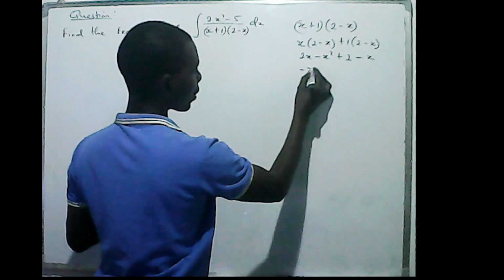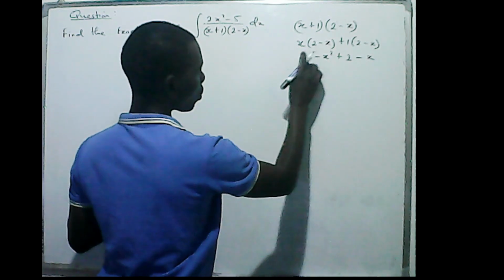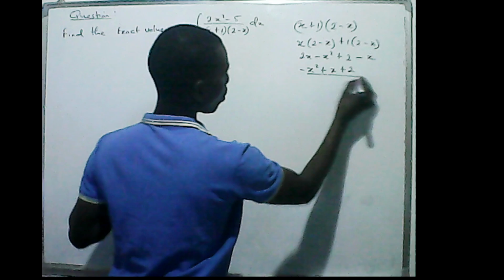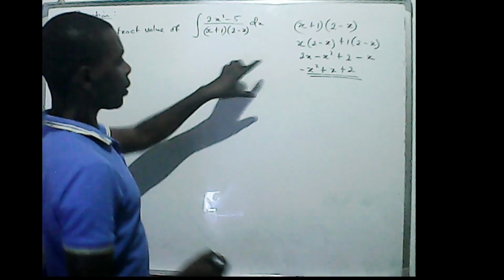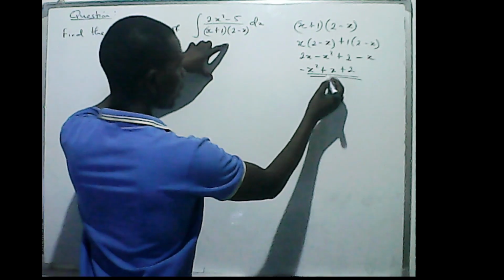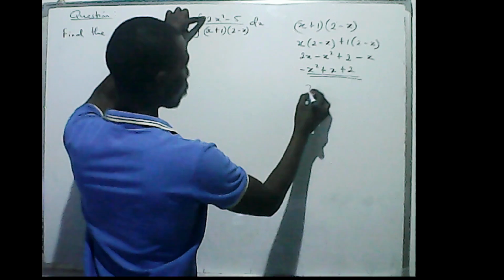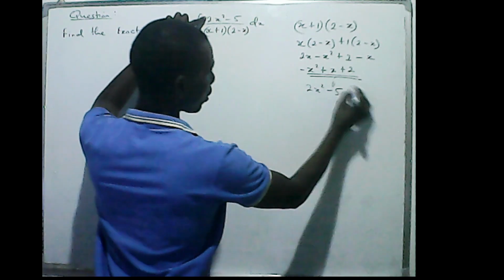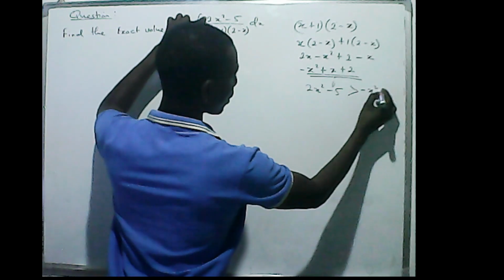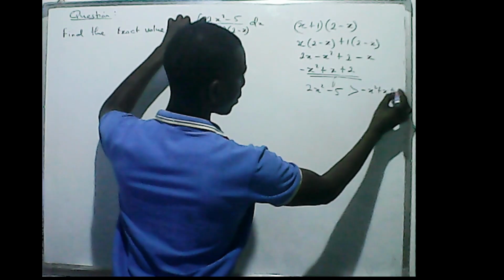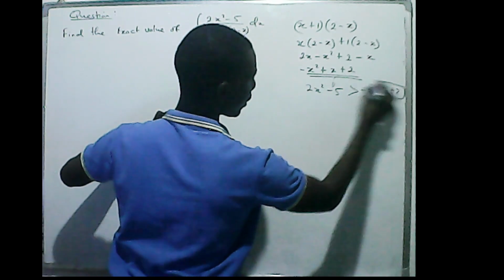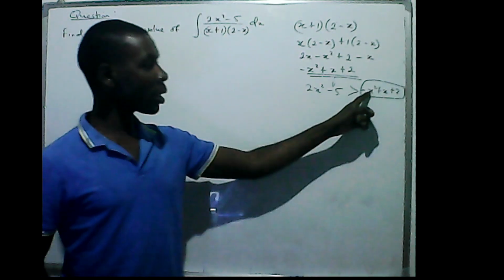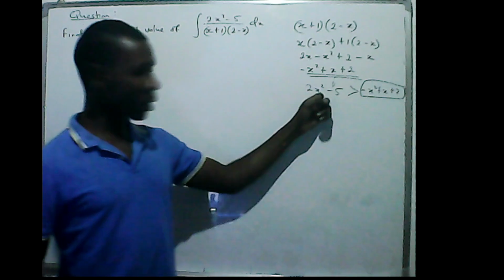Then this will give us minus x squared plus x plus 2. So you can see clearly that this function is smaller than this one. 2x squared minus 5 is greater than minus x squared plus x plus 2. This is a negative function, right? Since our coefficient of x squared is negative, this function is less than this function.